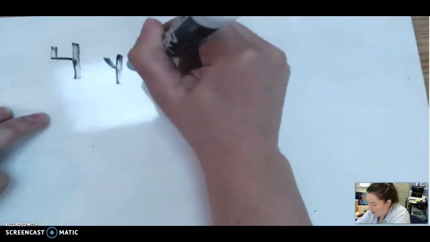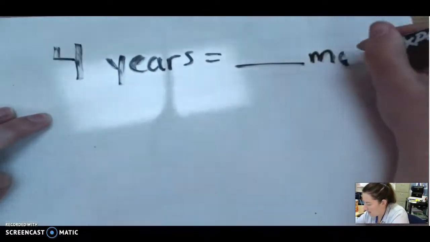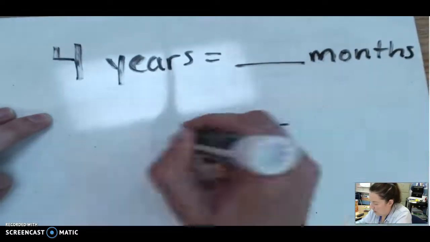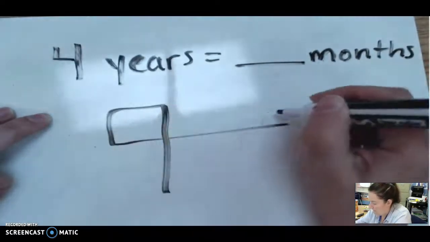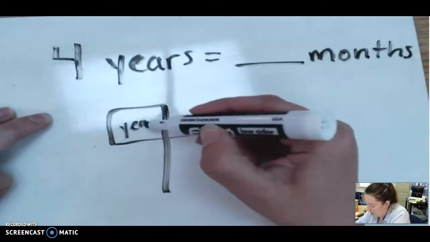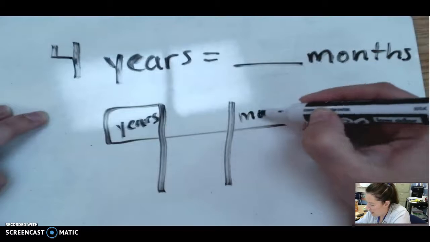4 years equals how many months? Well, let's draw your chart. I've been given years. I'm going to put years in the box. I'm looking for months, so I'm going to put months on this side.